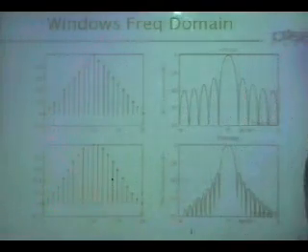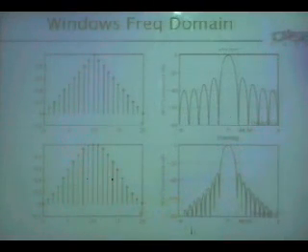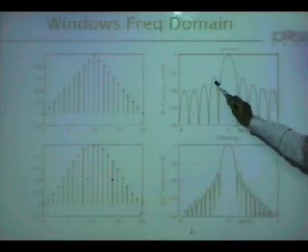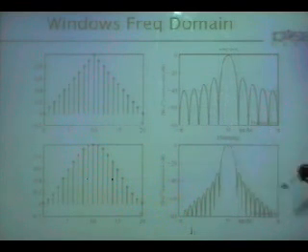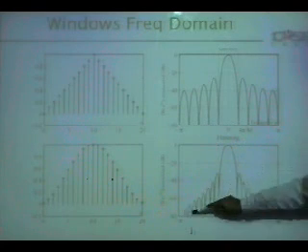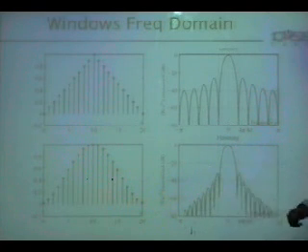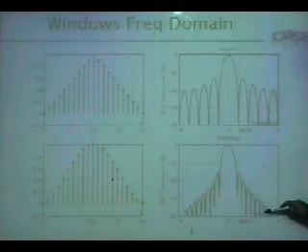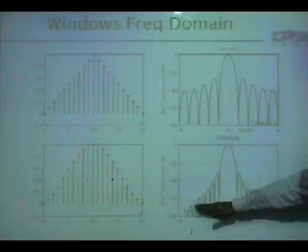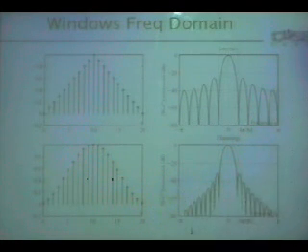On the other hand, if you use a Hanning window, you can see as you move away in the stop band, it keeps going down and down, even hitting minus 80 dB. So these are the trade-offs.